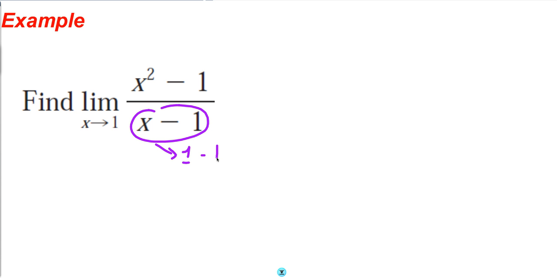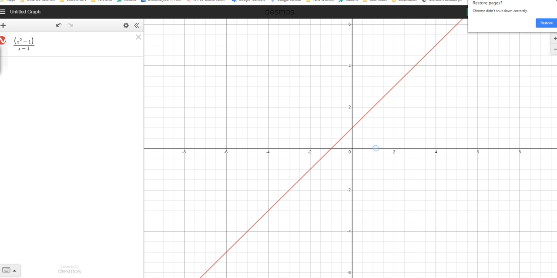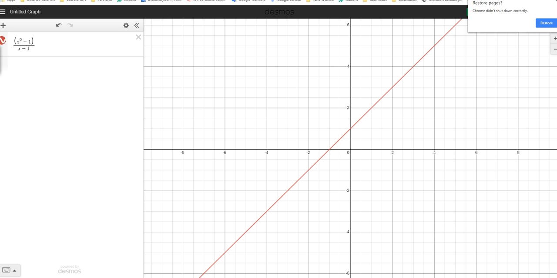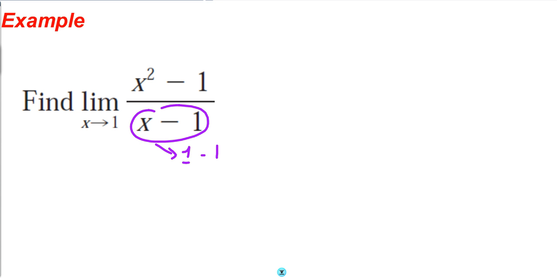But if you draw this function, you'll see it's a straight line, and certainly the limit as x approaches 1 of that function exists. It's getting to 2, so the limit of this whole function does exist, and it should be about 2. So how do we find that limit?